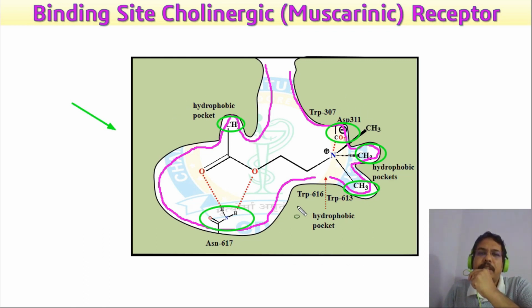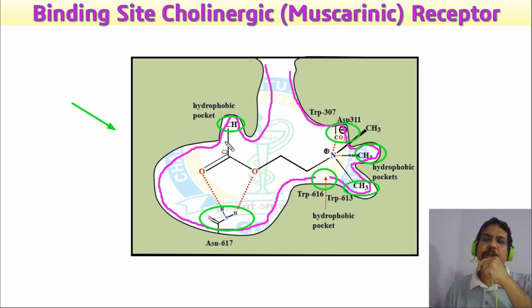So if you look at the structure of the cholinergic receptor, one hot spot is in the form of a hydrogen bond donor and another hot spot is in the form of an anionic zone, and the rest of the part is in the form of hydrophobic zones or hydrophobic pockets. And these hot spots decide the interaction of the ligand with the receptor through their complementary actions.